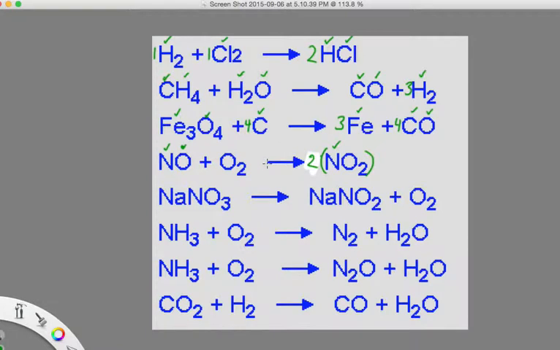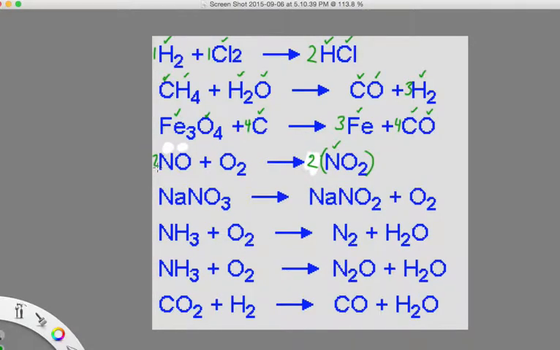Okay, so this is starting to look a little bit tricky. All right, let's see, we've got that 2 over here, so that means there's 4 oxygens and there's 2 nitrogens. So let's go back to our nitrogen and take a look at that. There's 2 over here and there's just 1 over here.